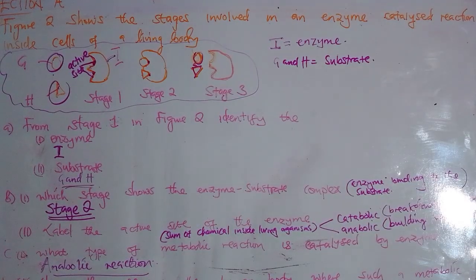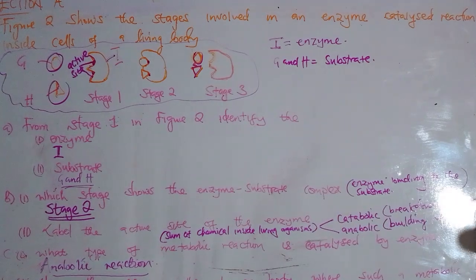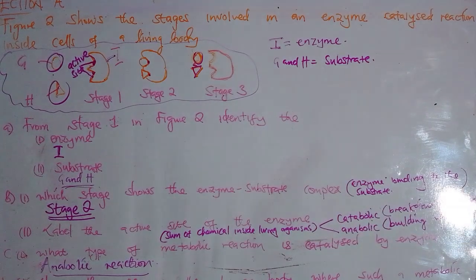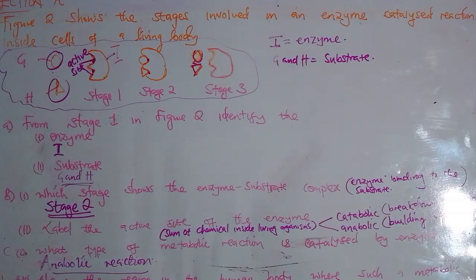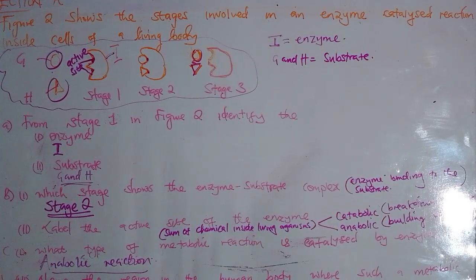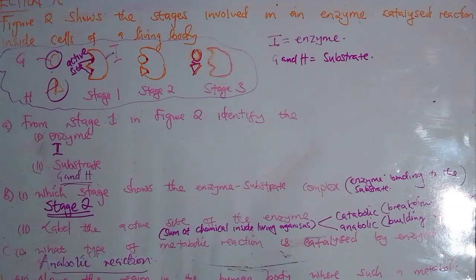So we have the muscles where anabolism takes place, building up of glucose, building up of glycogen. And we also have the liver. So here we can put liver, which is involved in the building up of proteins and glycogen.